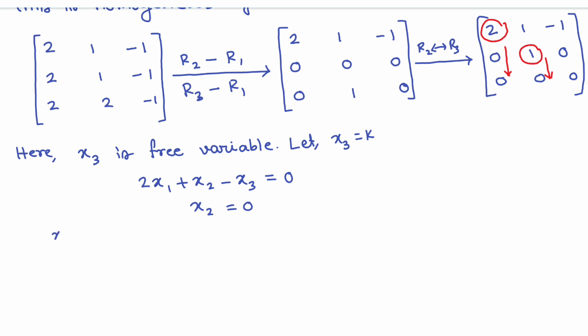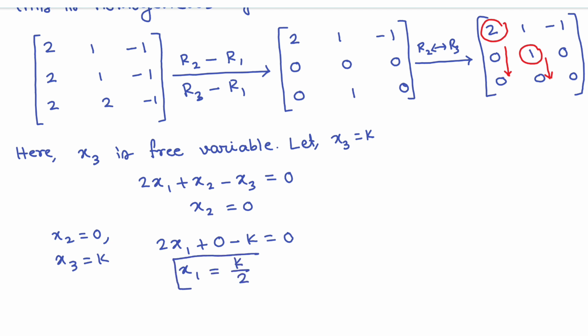So x2 equals 0 is a solution, x3 equals k is another solution. And now x1: 2x1 plus 0 minus k equals 0. That means x1 equals k by 2. So you are getting the solutions: x1 equals k by 2, x2 equals 0, and x3 equals k.